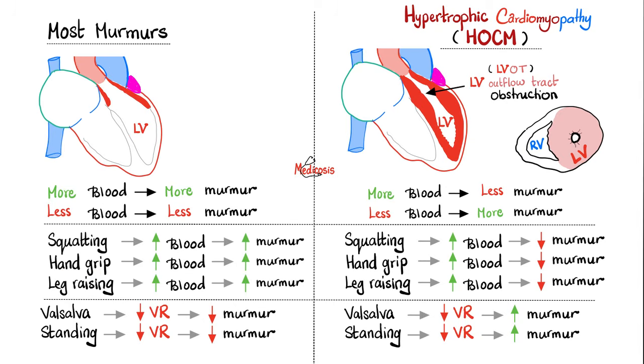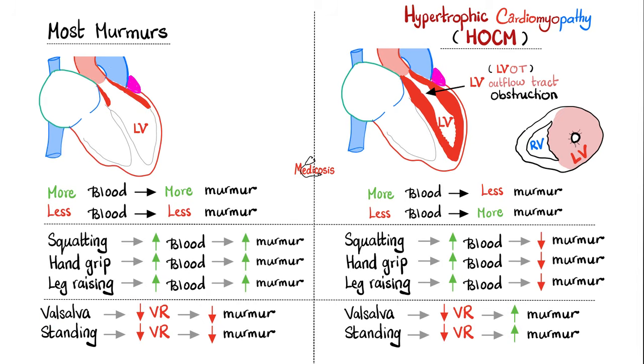A hand grip raises the afterload. More blood, more murmur, but not in HOCM and mitral valve prolapse. Here, more blood equals less murmur. How about raising my leg? This boosts the preload. Okay, increasing the blood, increasing the murmur. But in HOCM and mitral valve prolapse, it decreases the intensity of the murmur. How about the Valsalva maneuver like this?